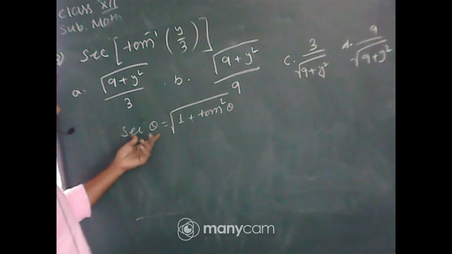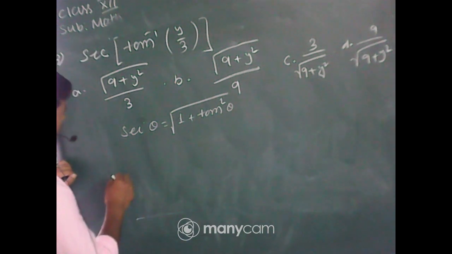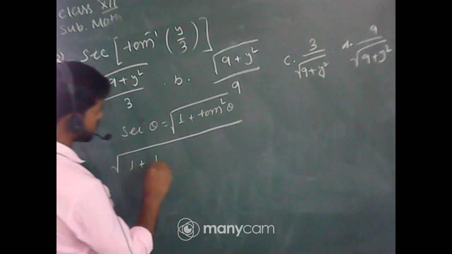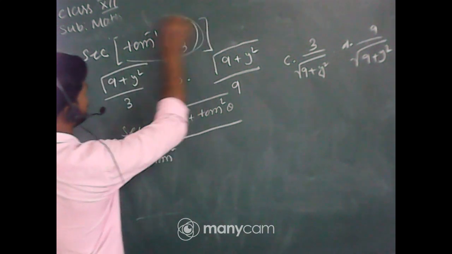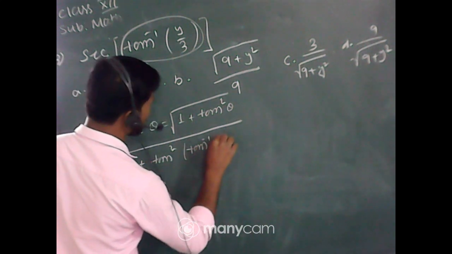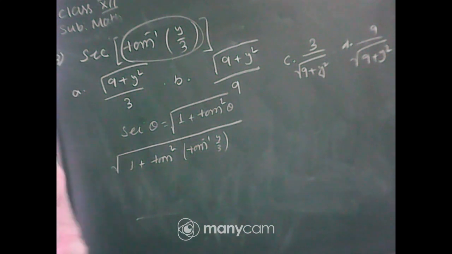Now if I apply this formula here, this sec theta can be written as under root over of 1 plus tan square theta, and here theta means this term. So tan square of tan inverse y by 3. Tell me once, can we put this sec theta in that form? Yes or no?